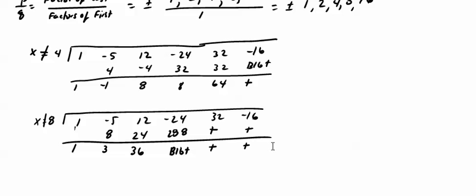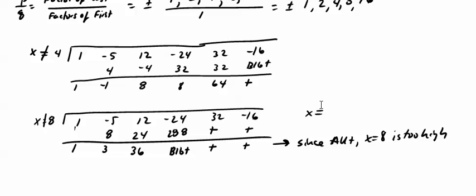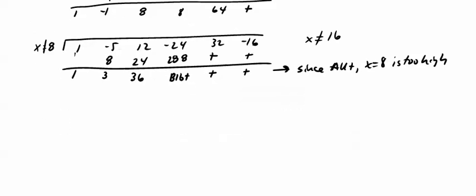These are all positive, so now I've learned not only that x can't equal 8, but I also know that anything higher than that, since all positive, x is 8 is too high. So the good thing is I learned not only that x can't equal 8, but I also learned that x can't equal positive 16. I'm going to have to try something lower.